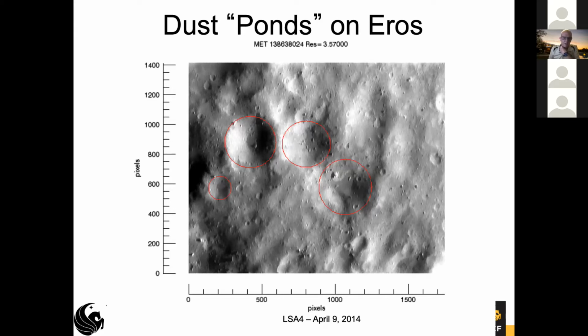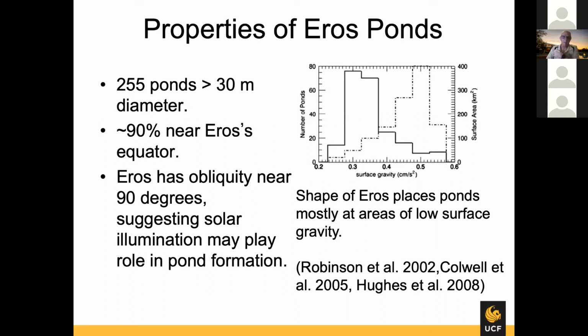So in 2004, 2005 and 2006, I worked on developing, so first we went through and independently cataloged dust ponds ourselves, mapped them out over the surface of the asteroid, and did some straightforward numerical simulations to try to see, well, can that explain the deposit of small particles into these craters?